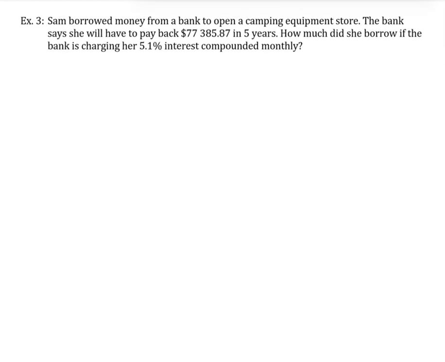Okay, so I would encourage you to pause the video and try this one on your own. But it's going to be the same thing. It's a present value question. It's a little bit different, and if you read through the three different questions, you can see how the wording is not always all the way straightforward and how you can confuse present value and future value.